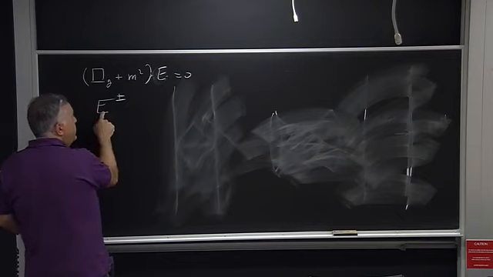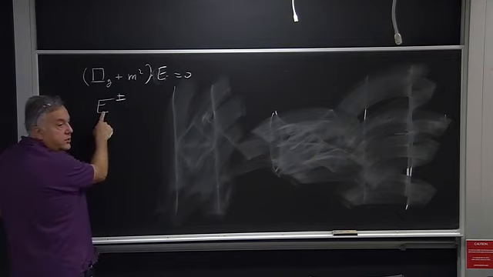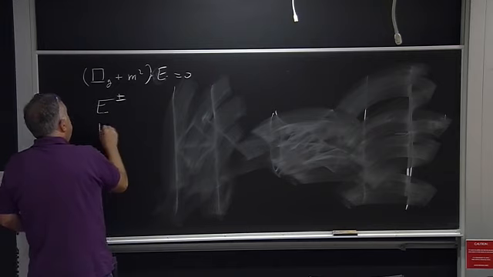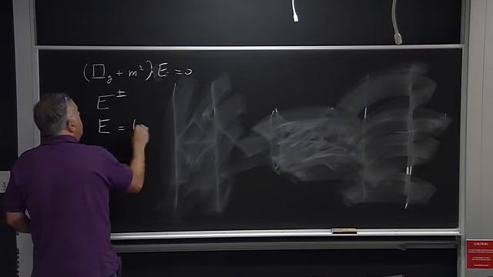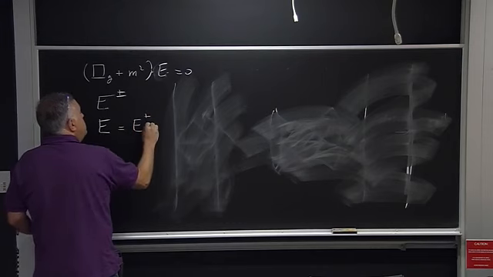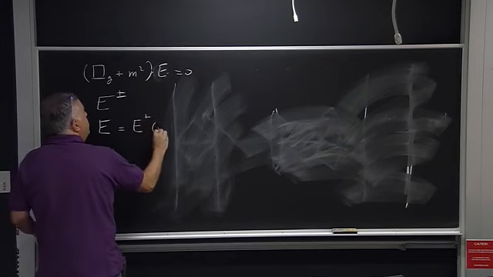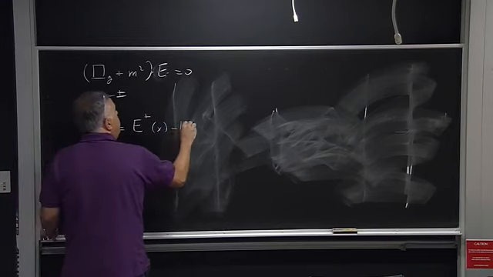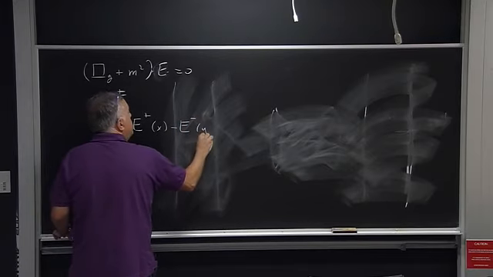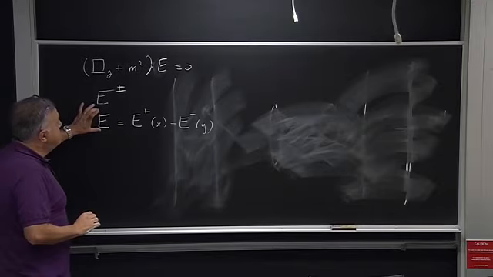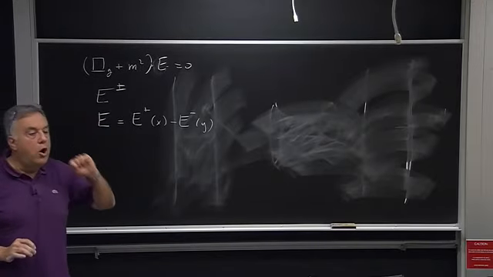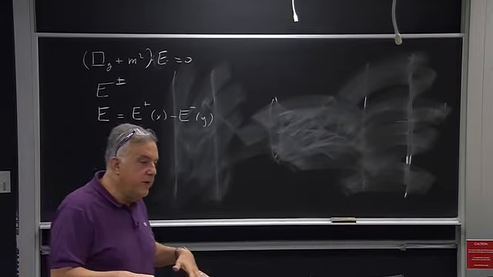the advanced and retarded propagators, and you can form the analog of the Pauli-Jordan function as the difference of the retarded minus the advanced propagators. The existence of this is a consequence of the global hyperbolicity of the manifold.